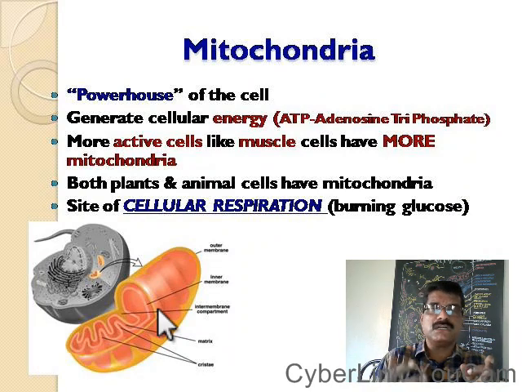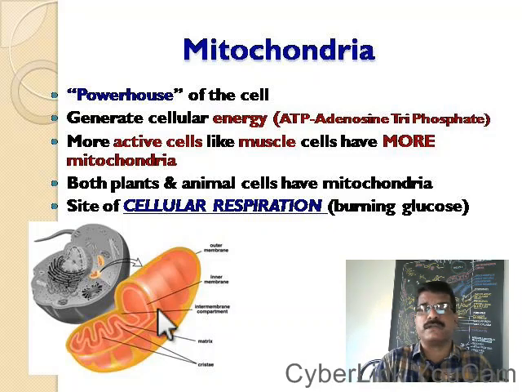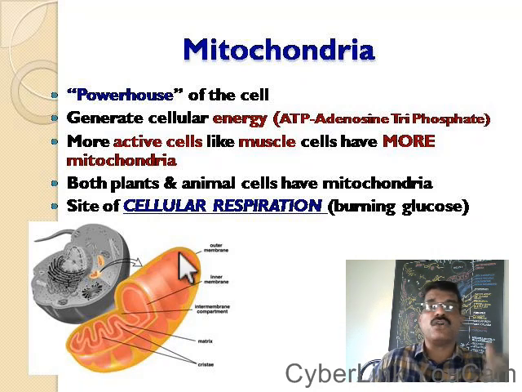If you want to learn, if you want to run, if you want to jump, you speak, whatever you are doing, all this requires energy. This energy is actually produced from the mitochondria, and the energy is released in the form of ATP molecules. ATP means adenosine triphosphate.